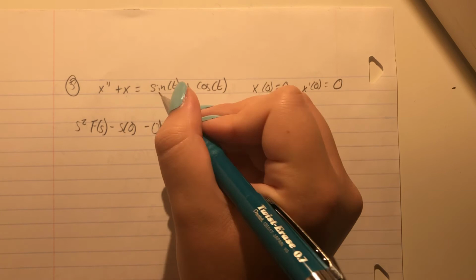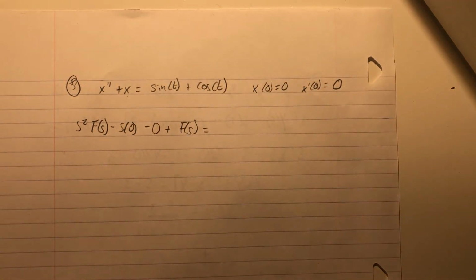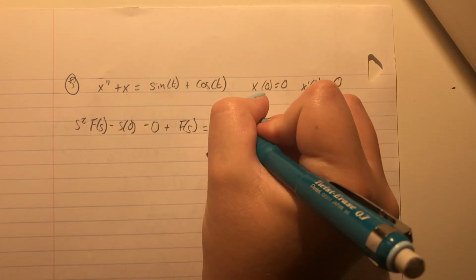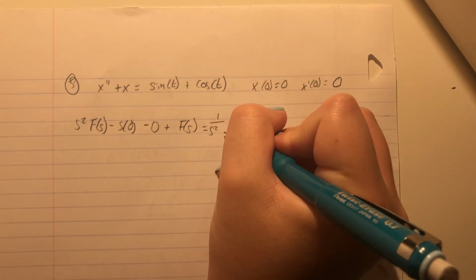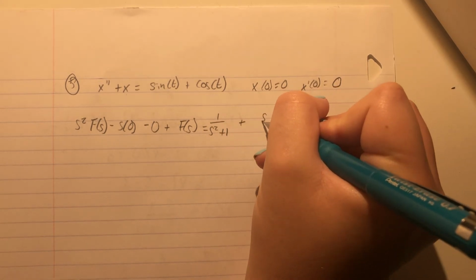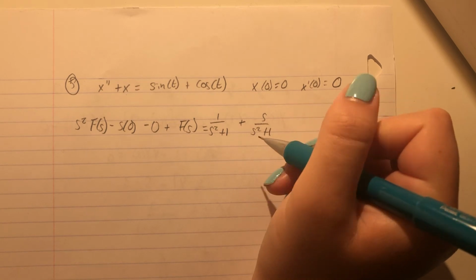That equals the Laplace transforms of the other side. So sine of t becomes 1 over s squared plus 1. Cosine becomes s over s squared plus 1.